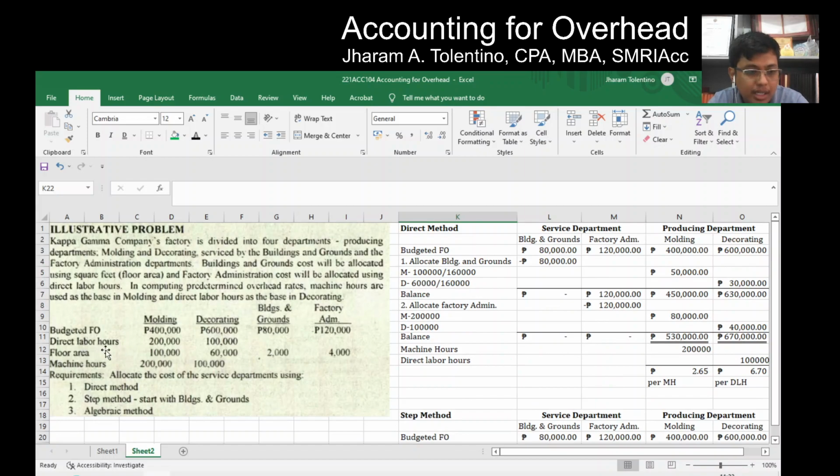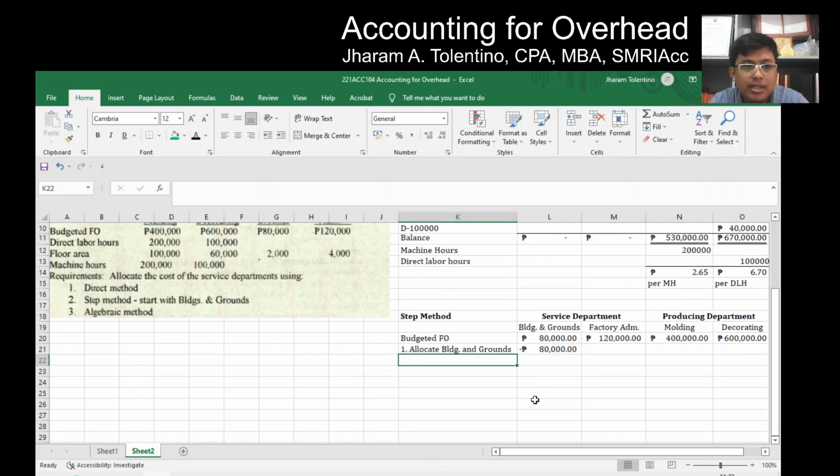So, dito, inallocate natin yung building and grounds using square feet, floor area. So, we have 100 for the molding. For the decorating, meron tayo 60,000. And for the factory admin, meron tayong 4,000.